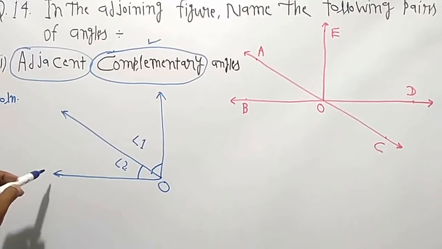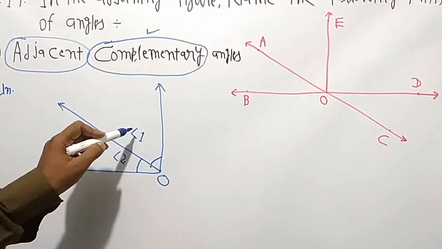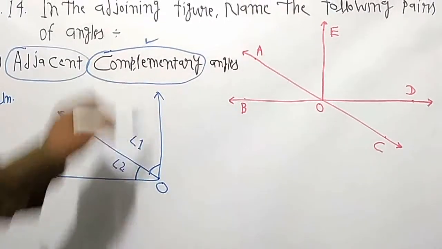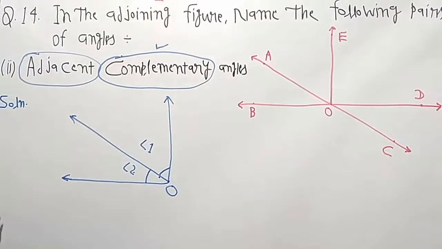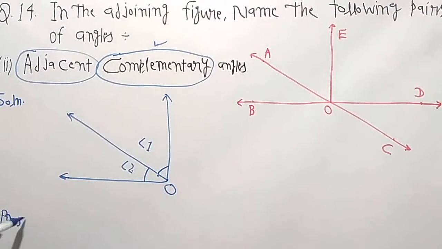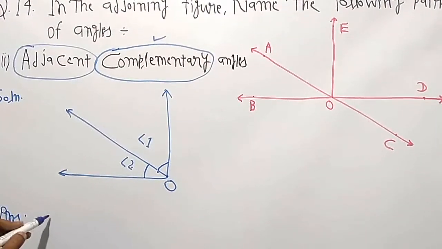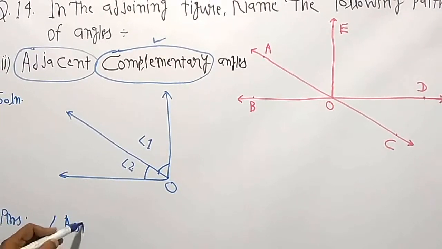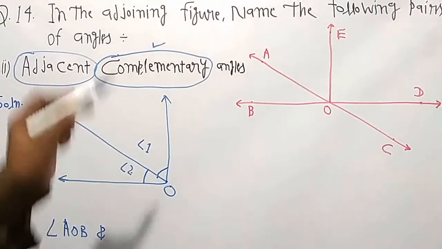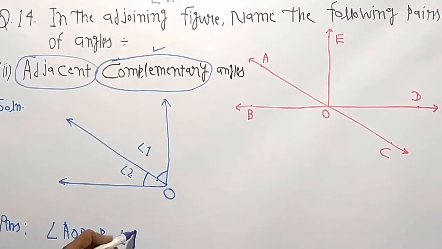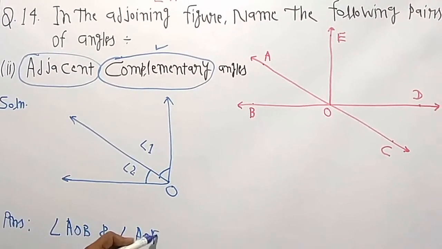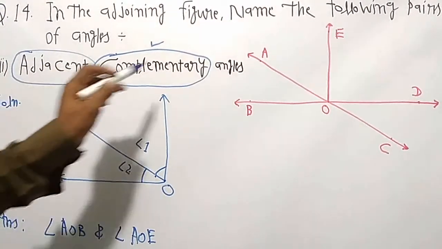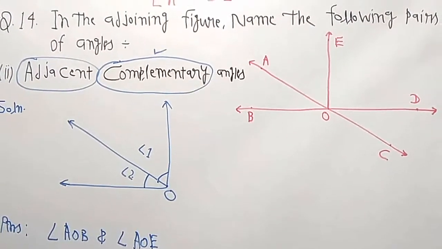So we can easily observe that when we add the measurements of these two angles, we get this 90-degree angle. So we can write here in the answer, angle AOB and angle AOE. This is the pair of adjacent complementary angles. This is our answer.